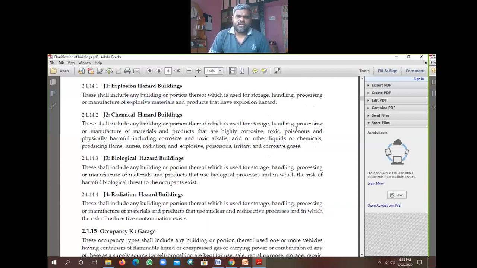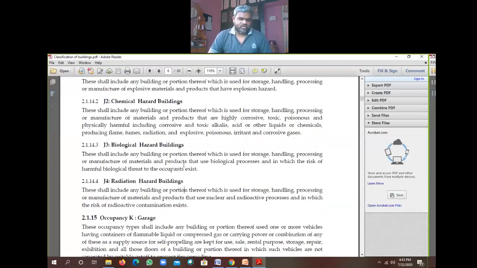And if used for highly toxic or corrosive, poisonous chemical storage, that can be J2. And handling of harmful biological threats and manufacturing of harmful biological materials is J3, and handling and processing of manufacturing of materials and products used for nuclear and radioactive processes in which the risk of radioactive contamination exists, that is called J4, right?